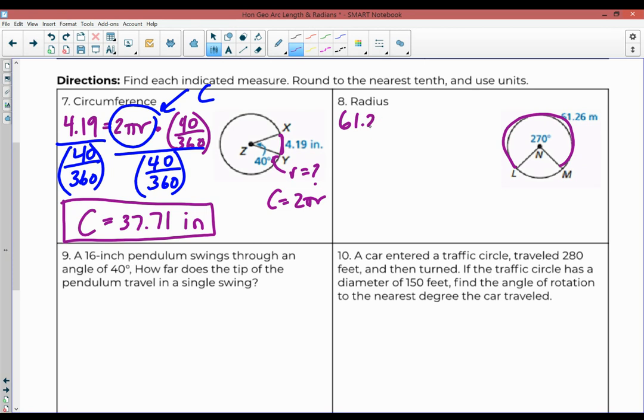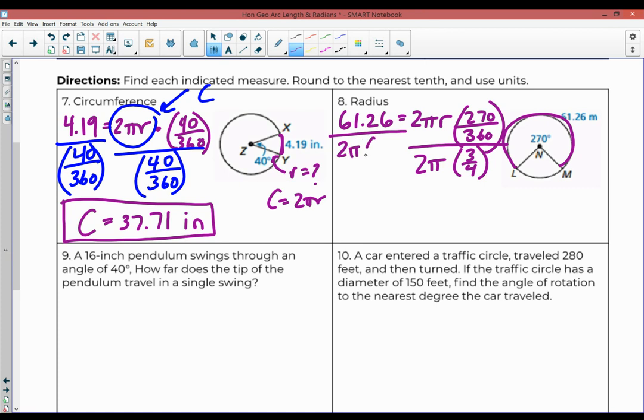All right, here, I guess this is my arc length. So 61.26 equals 2 pi r times 270 over 360. I would divide both sides by 2 pi. That reduces to 3/4, so that's 6/4, 3/2.